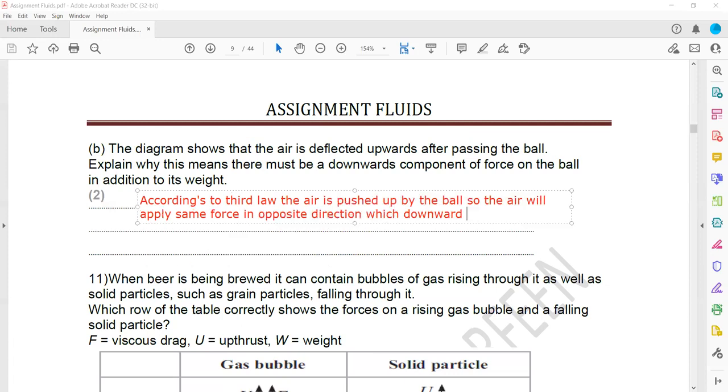As the air particles are moving up, there will be a downward force from the air particles on the ball, and that will increase the total downward force. So the force by the ball on the air is upward, that's one mark, and the second one is the force by the air on the ball is in the opposite direction, or downward. That's why the ball will have a greater downward component.